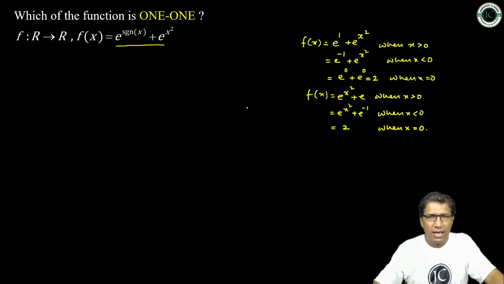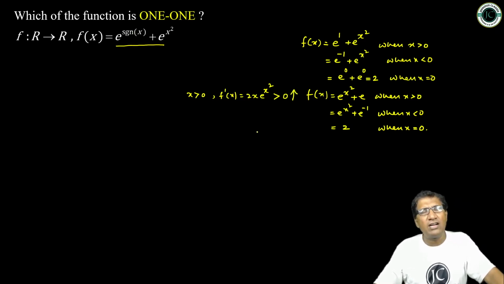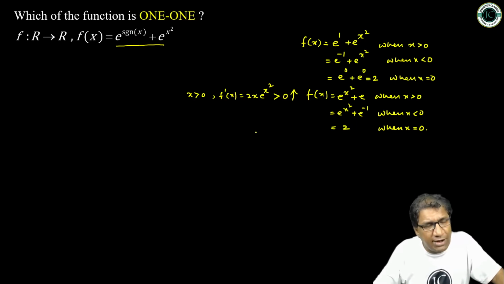Is it clear? Now children, look, when x is greater than 0, f dash x comes to 2x e to the power x square. As x is greater than 0, f dash x is also greater than 0, meaning fx is an increasing function when x is greater than 0.